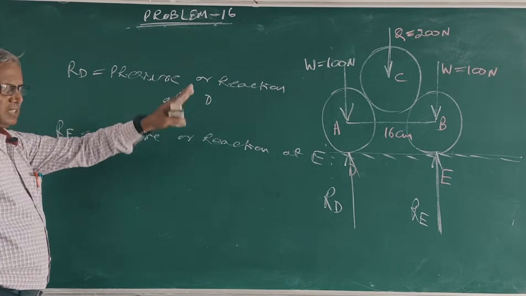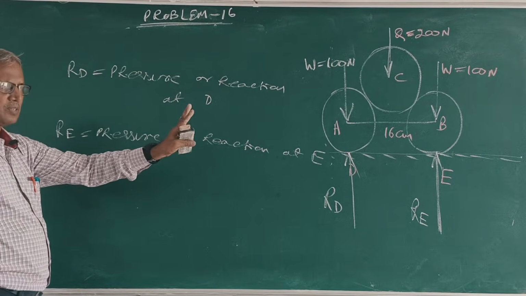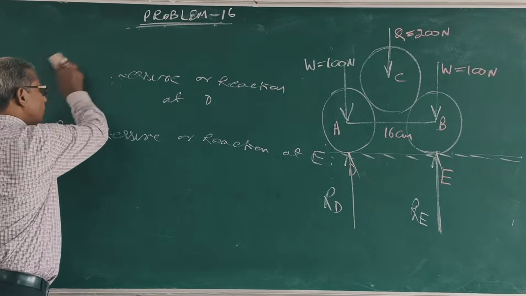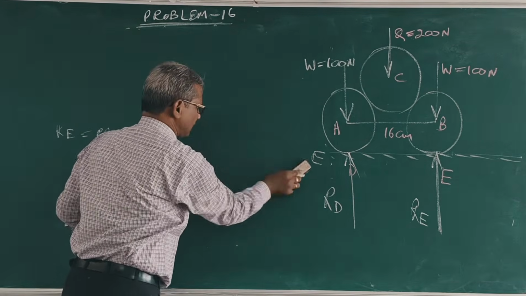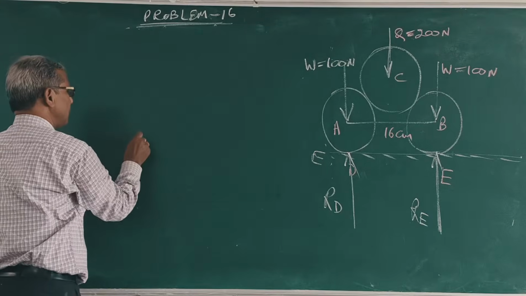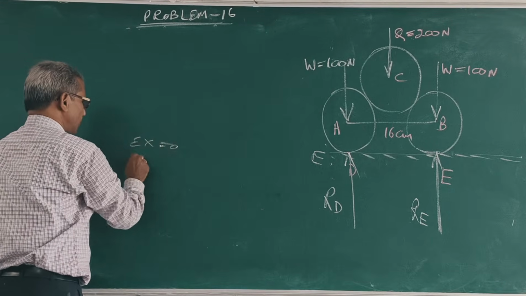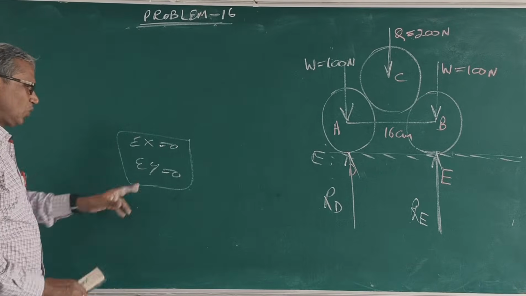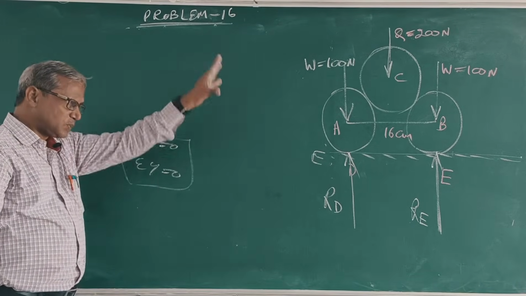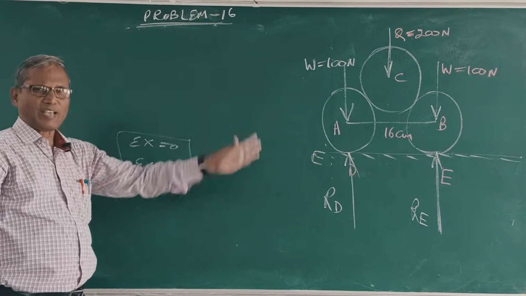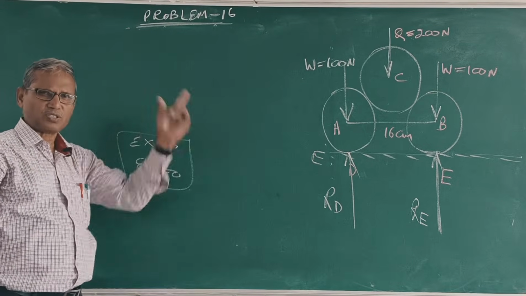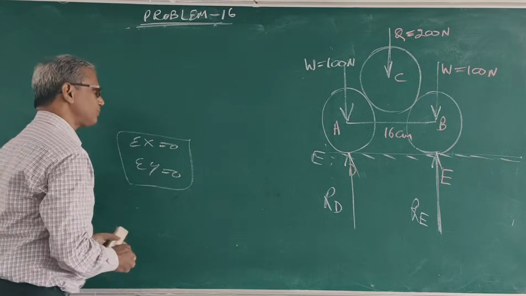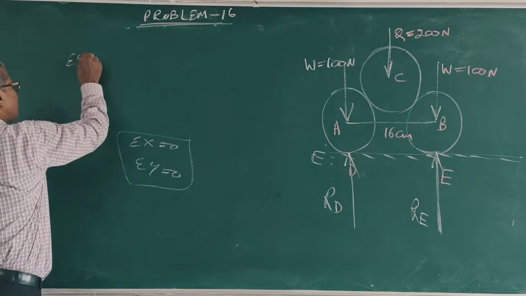Now the figure is in equilibrium condition. For equilibrium, we will apply two equations: number one, sigma x is 0; number two, summation y is equal to 0. In this figure, all forces are along the y-axis. This upward force, these three are downward forces. Now sigma y is equal to 0.